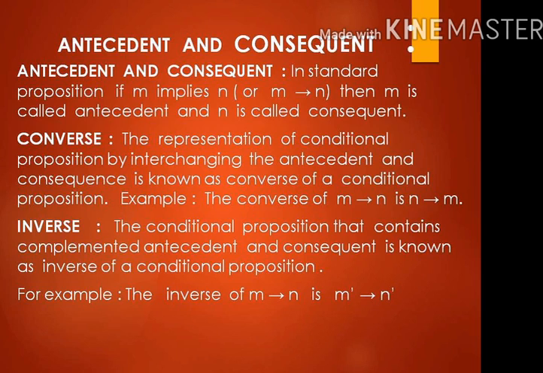Next, inverse. What is inverse? The conditional proposition that contains complemented antecedent and consequent is known as inverse of a conditional proposition. For example, the inverse of m implies n is m inverse implies n inverse.